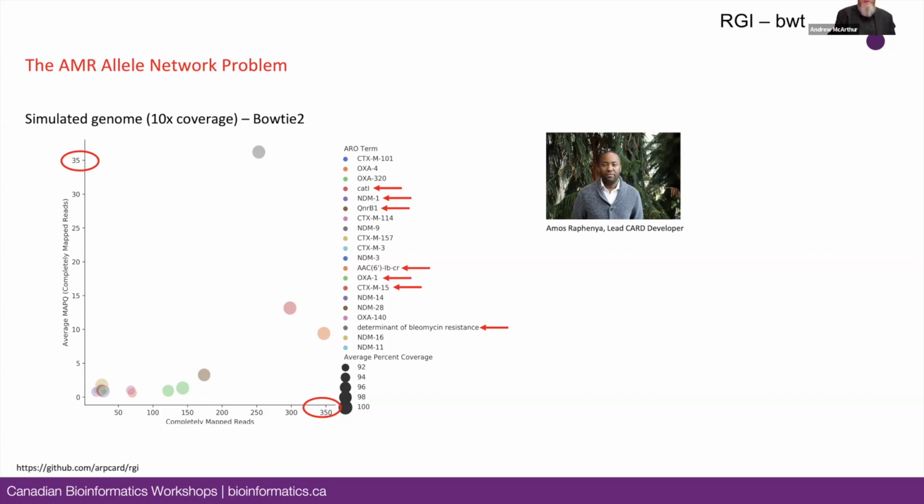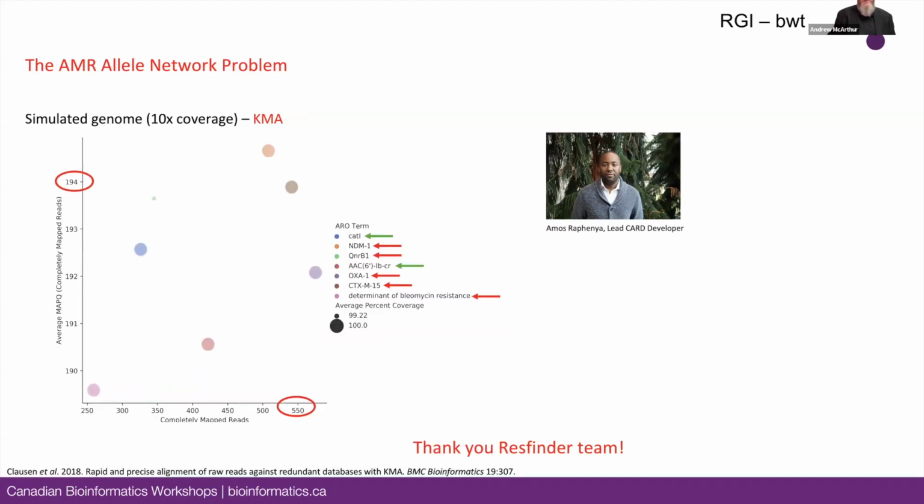So if you're reading the literature using metagenomics and Bowtie 2 or anything like that to assess AMR in a soil sample or water, be skeptical of their gene list, because until recently, people were not paying attention to the allele network problem.